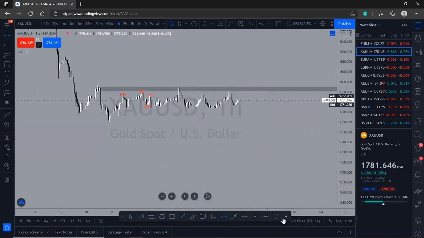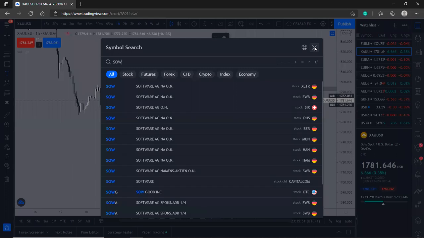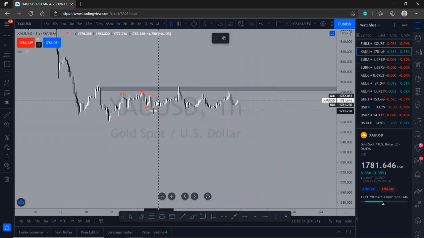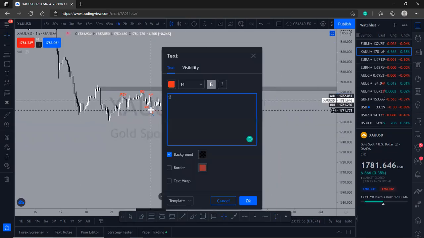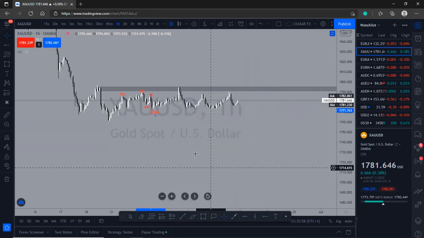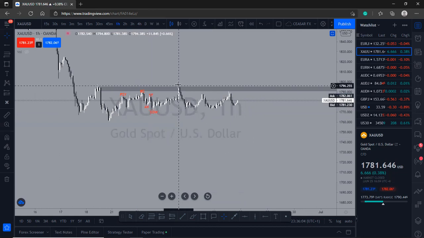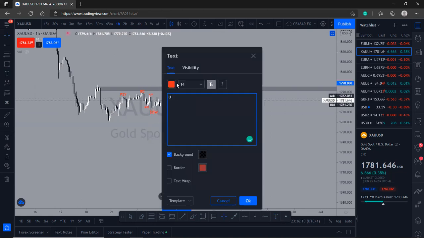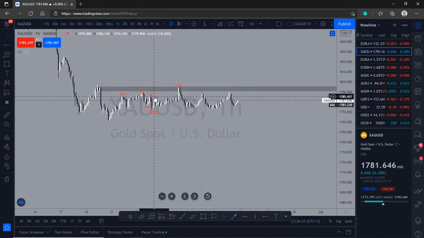Then I also see the sign of weakness somewhere here. Sorry about that. I see the sign of weakness here. I also see the UT here, I mean the upthrust, which is taking this one out.